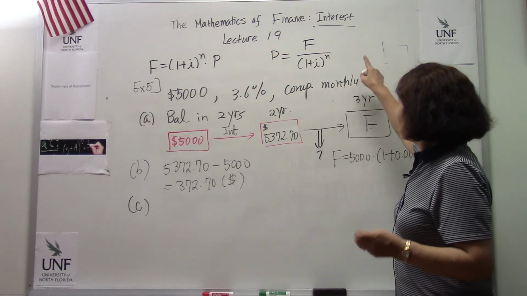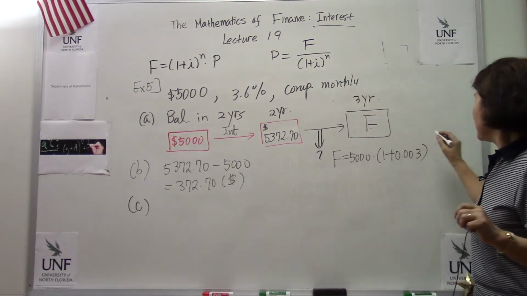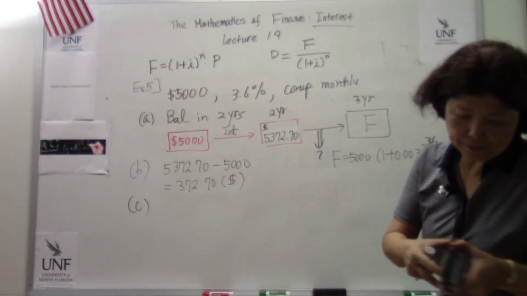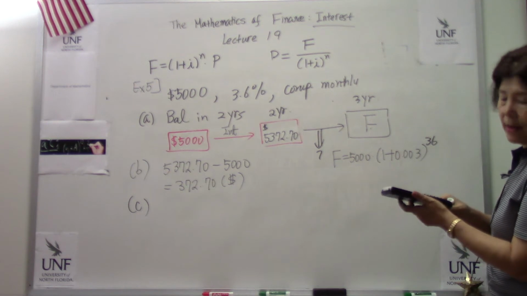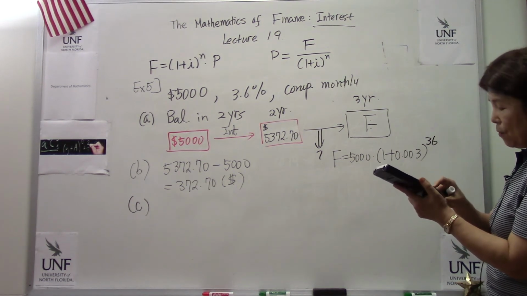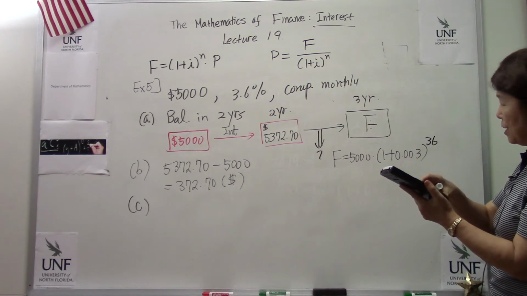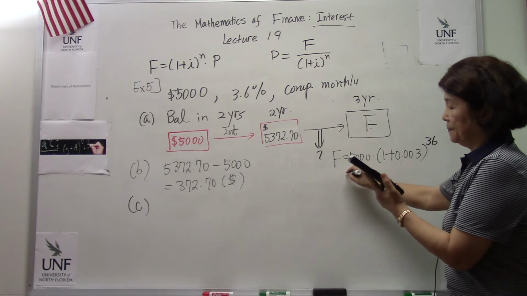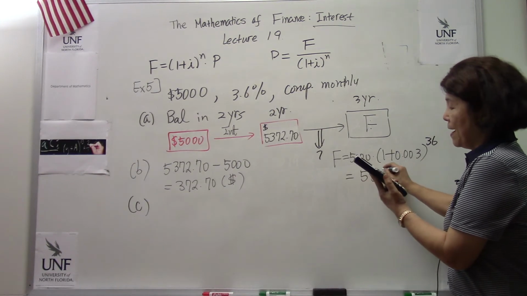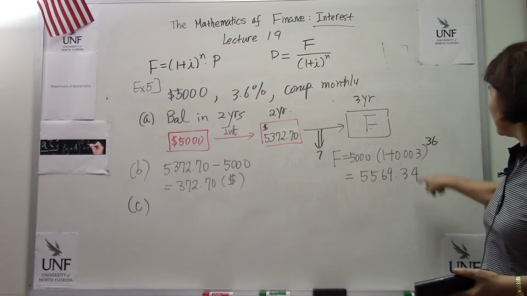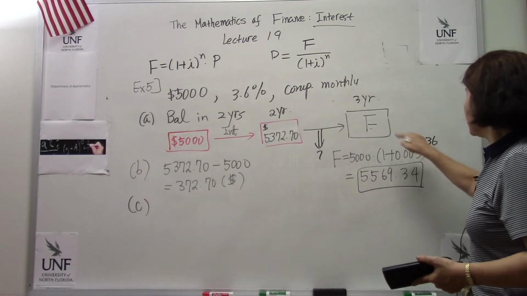Compounded monthly, so 12 times a year times 3, the 36th power. So 5,000 times 1.003 to the 36th power, which is 5,569.34.